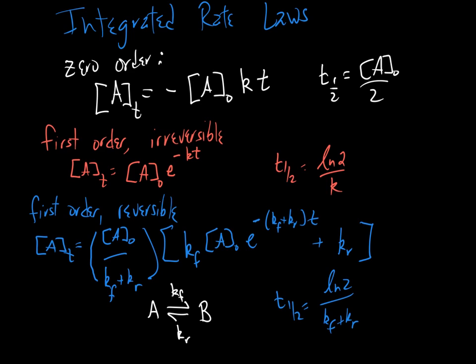If it's zero order, it's easy because as time goes on, it doesn't matter how much you have. But between the first orders, what you can do is actually plot these, and you're going to get two different shapes whenever you go to plot them.